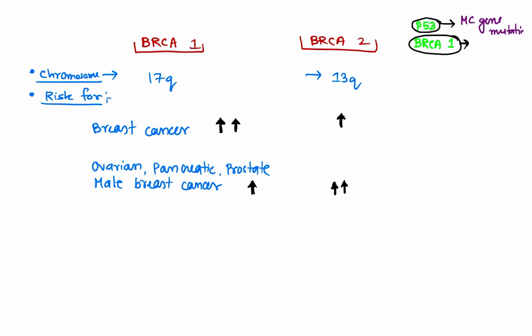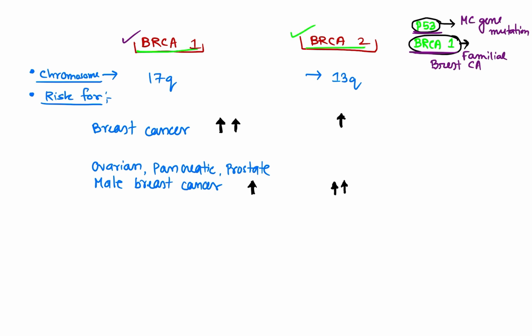So remember this, most common gene mutation for breast cancer is P53, but most common gene mutation in familial breast carcinoma is BRCA1. So if the word familial is mentioned, like familial breast cancer, then it is BRCA1, but if only breast cancer is mentioned, then the most common gene mutation is P53. There are two types of gene, either BRCA1 or BRCA2.